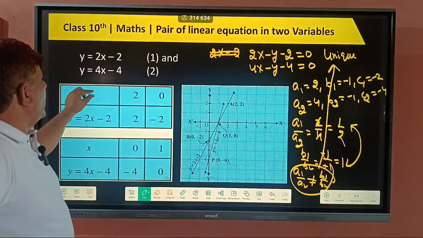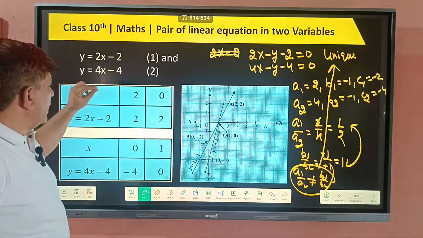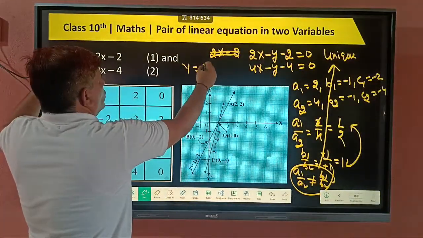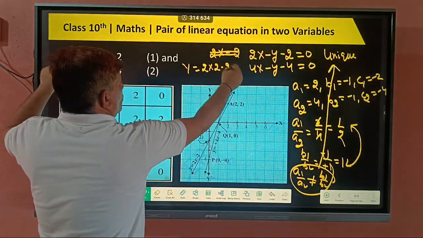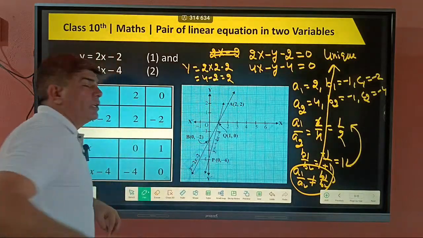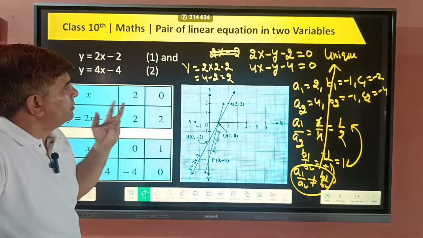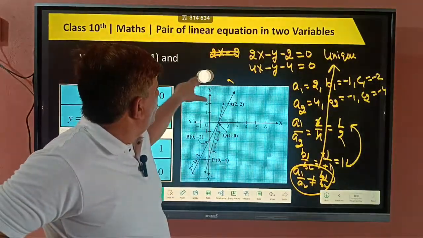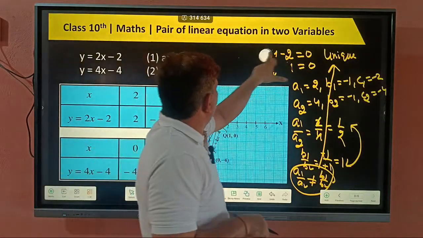So if we take x equal to 2, then y becomes y equal to 2 into 2 minus 2, 2 times 2 is 4, 4 minus 2, what is it? 2. When x becomes 2, y also becomes 2 according to this condition. And what can we take now?